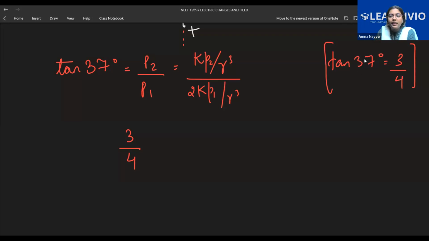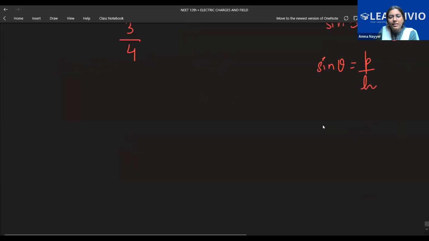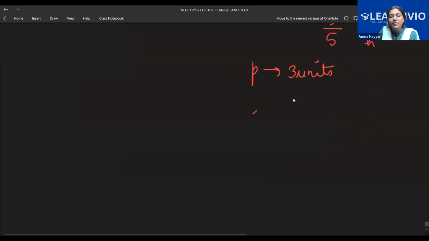How? See, sine 37 is 3 by 5. Sine theta is perpendicular upon hypotenuse. So 3 by 5 is P by H, meaning perpendicular is 3 units and the hypotenuse is 5 units.